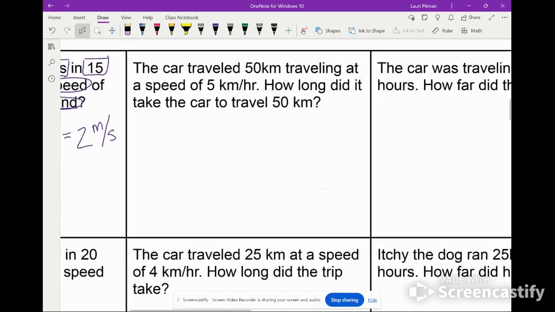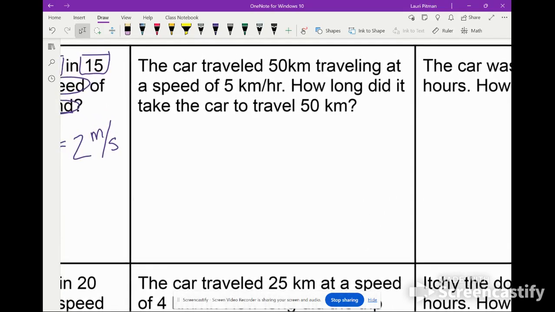It says the car traveled 50 kilometers, traveling at a speed of 5 kilometers per hour. How long did it take the car to travel 50 kilometers? Okay, well, I'm going to draw my triangle. Again, distance always goes on top, speed and time. Draw your symbols.